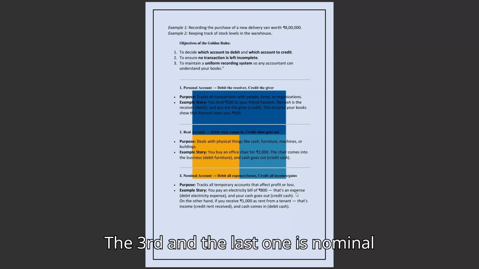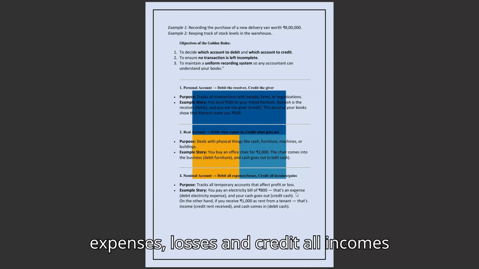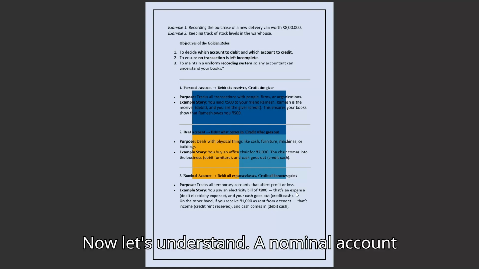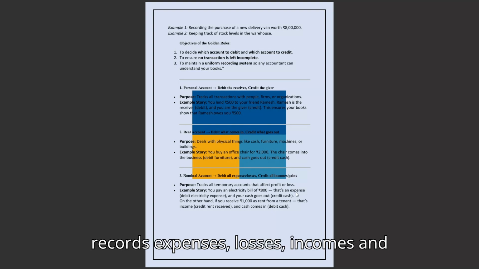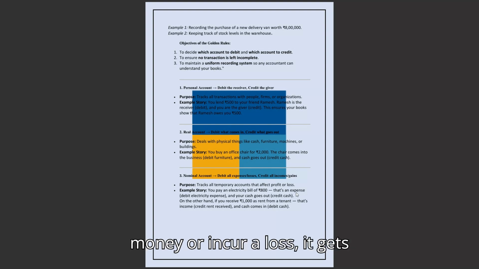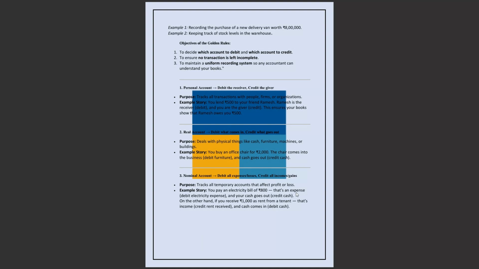The third and the last one is nominal account. It says debit all expenses and losses, and credit all incomes and gains. What does this mean? Now, let's understand. A nominal account records expenses, losses, incomes, and gains of your business. When you spend money or incur a loss, it gets debited. When you earn income or make a gain, it gets credited.